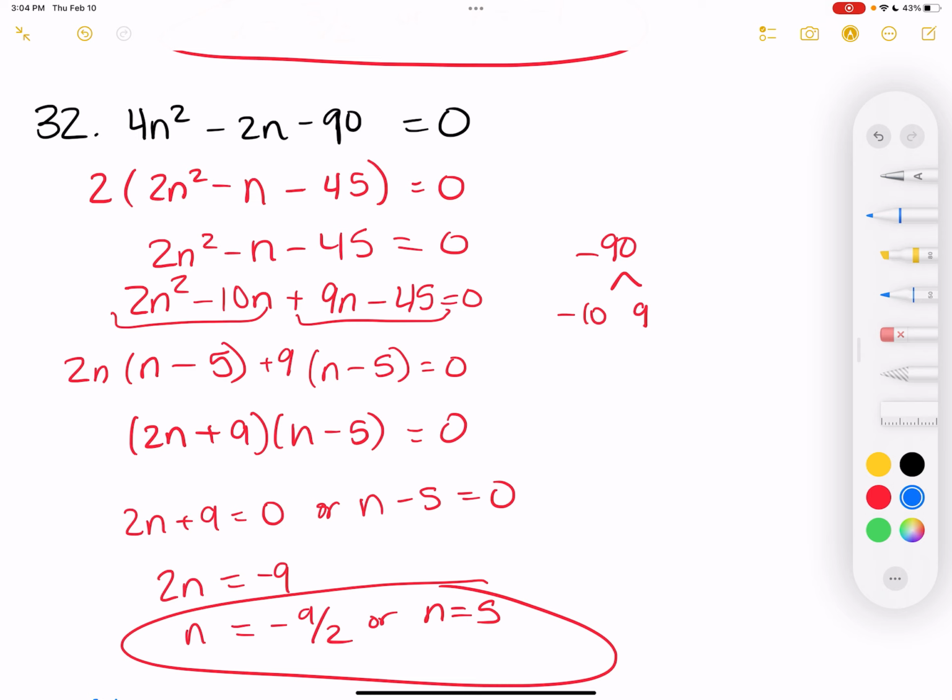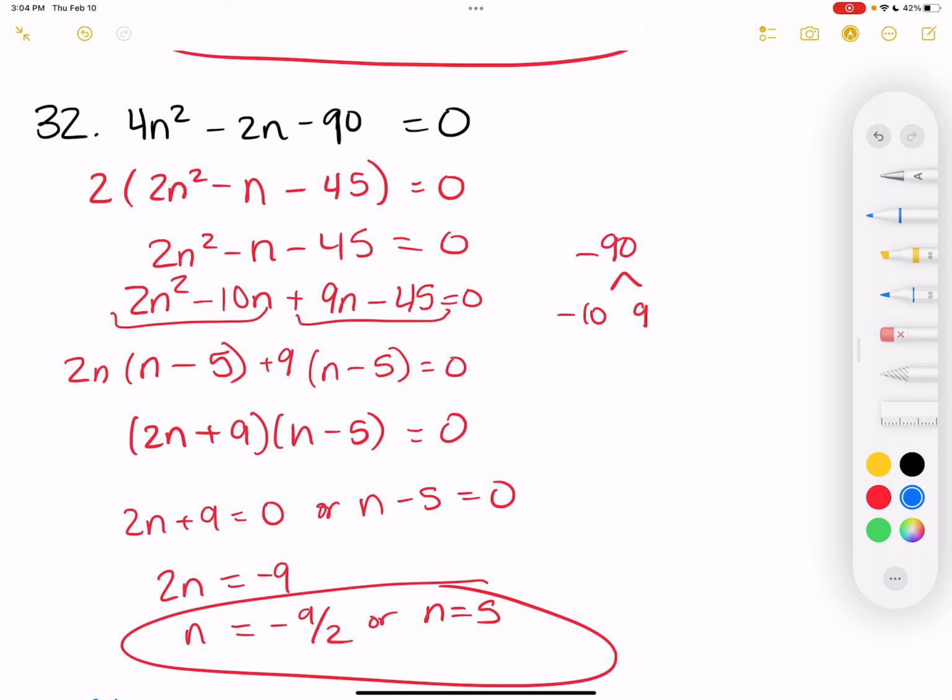Arch 2 and negative 45 gives you negative 90. Negative 10 and 9 are your factors that give you negative 1, hypothetically. So 2n squared minus 10n plus 9n minus 45 equals 0.